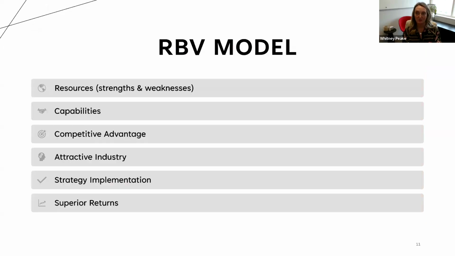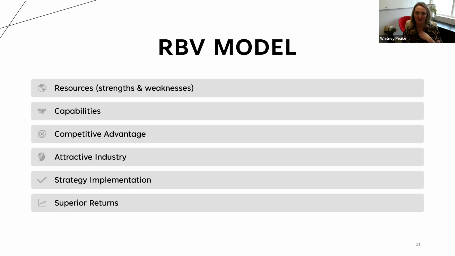In terms of the resource-based view or RBV model, it says that you really start by looking at your own strengths and weaknesses as an individual or as a startup team, and then you develop capabilities, competitive advantage. Then you find the attractive industry to operate in, implement your strategy, and earn superior returns. This model is used a lot in entrepreneurship to explain why entrepreneurs launch their businesses or how they do so.